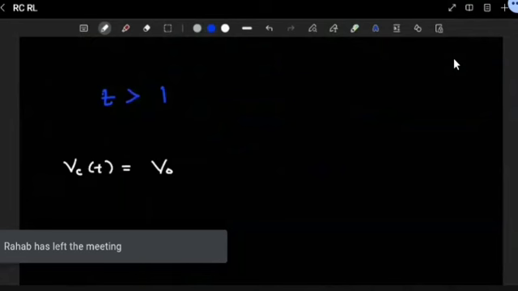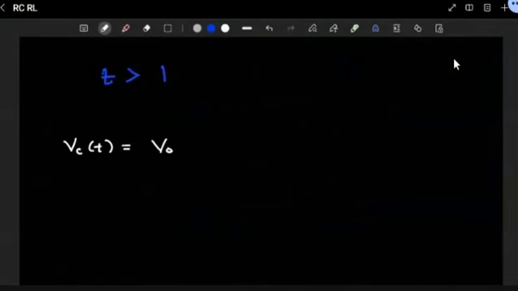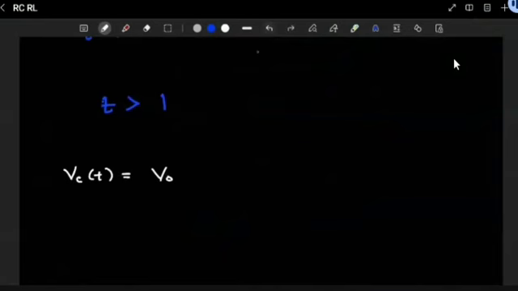At the point where we're starting from, what is the voltage? Notice that now the starting point is this value here. This is the voltage you'll be starting with at t equals 1. So our V0, our starting voltage, or instead of saying V0, you can say V at the starting point, which is at t equals 1.